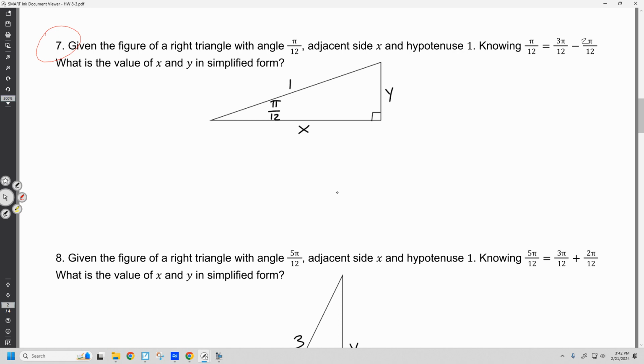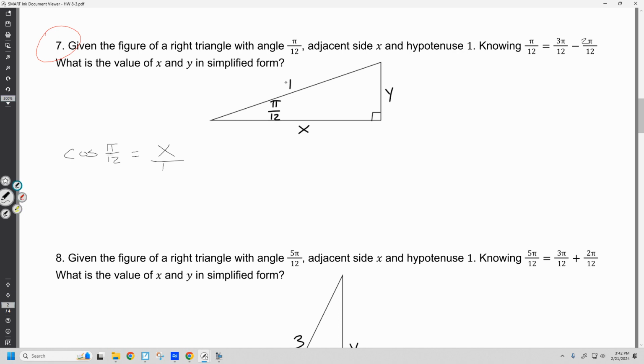All right, pause. I don't want us to do it. It's repetitive, but I want us to realize it's the same thing as what we just did. The cosine of the angle equals the adjacent over the hypotenuse.